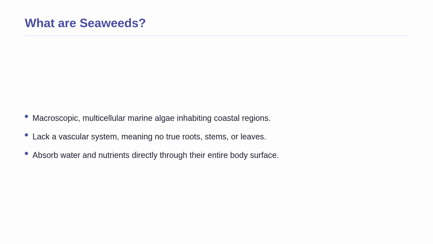Now that we have pictured this underwater forest, let us define what seaweeds actually are. In formal biological terms, seaweeds are macroscopic, multicellular marine algae that inhabit the coastal regions of the world's oceans. Unlike the trees and plants you see on land, seaweeds do not possess a vascular system.